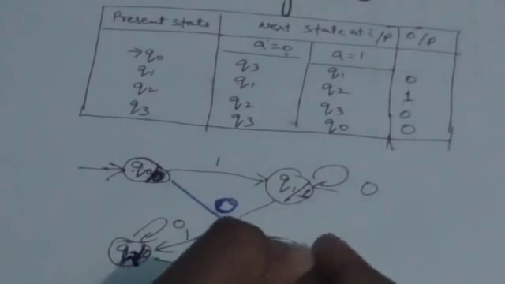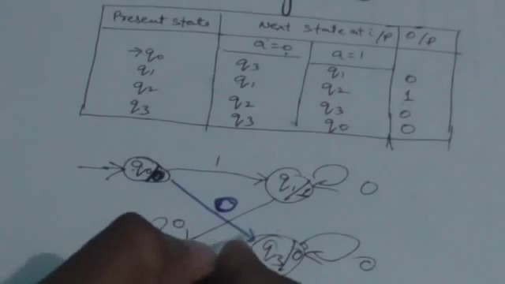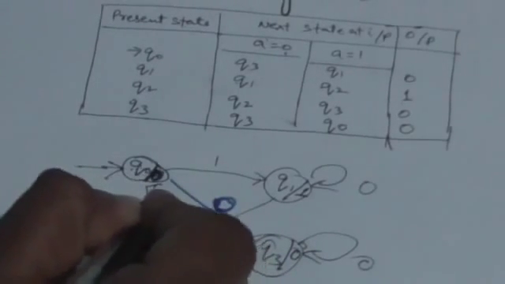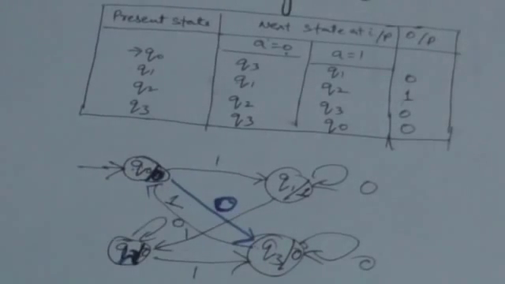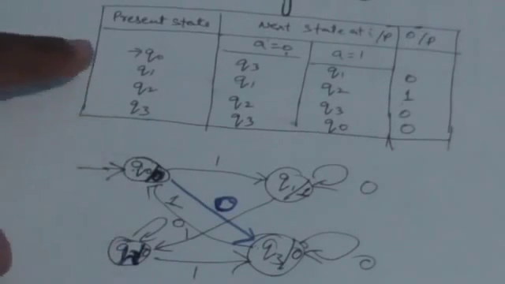When it reads 0, it remains in Q3, but when it reads 1, it jumps to state Q0. So this is the graphical representation of this Moore machine.